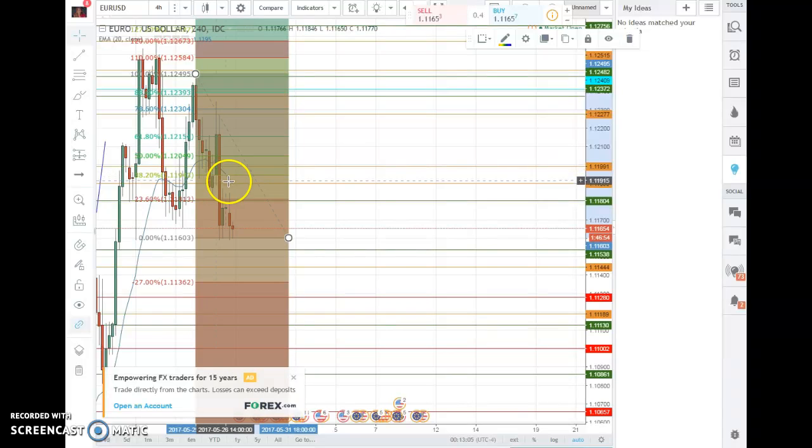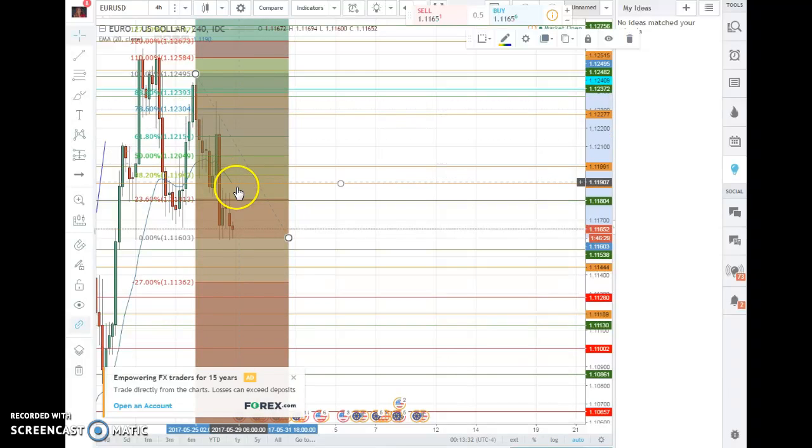So this has, in essence, done a full retracement. And it's at a resistance, at a support level as well. So I'm anticipating that it's going to go back up.